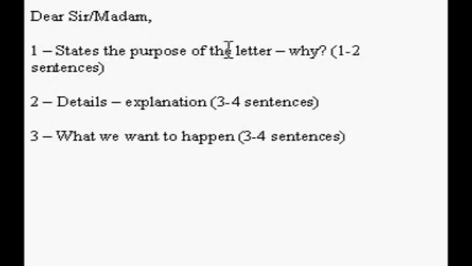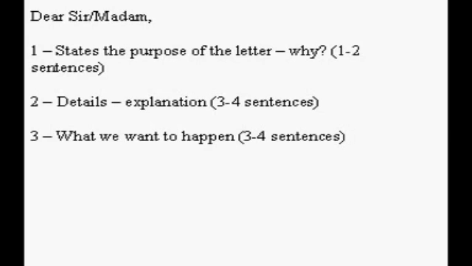So if we go over these sections again together, this first section is where we say why we're writing. Basically, I am writing you this letter because this is what's happened. In number 2, we're going to give the details. So perhaps we would say we have 10 library books that are overdue or going to be overdue very soon, and I'm not going to be able to get these books to you on time.